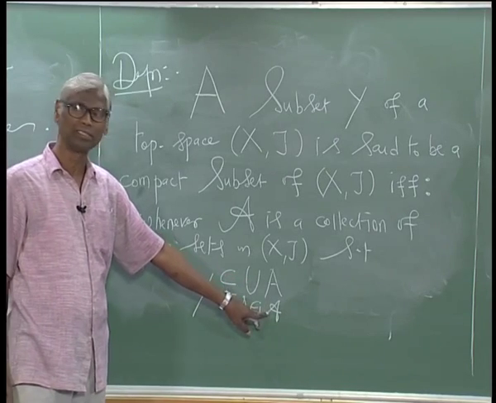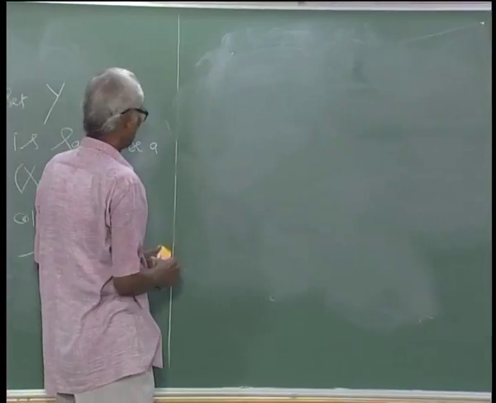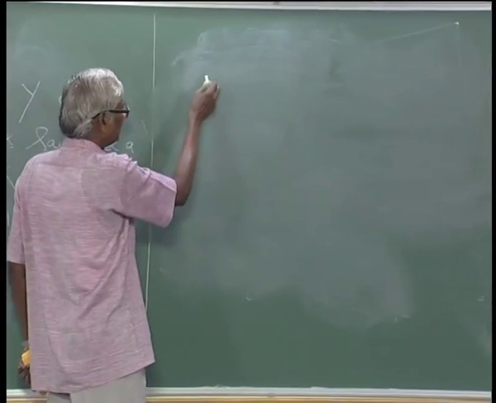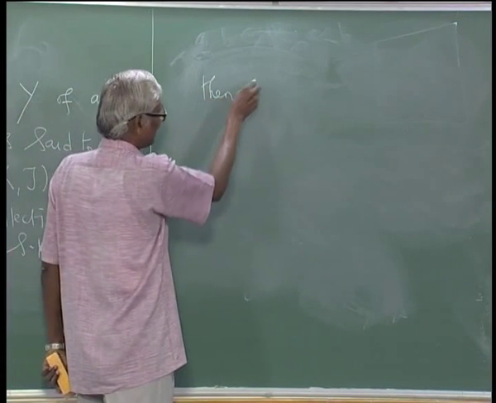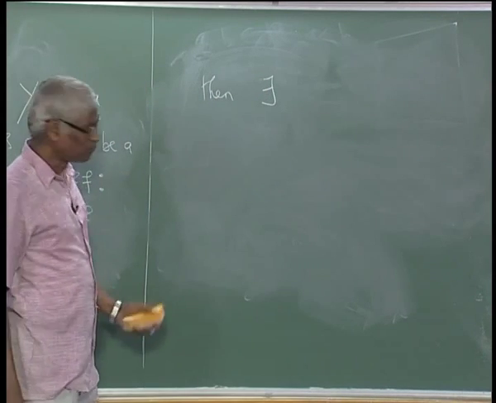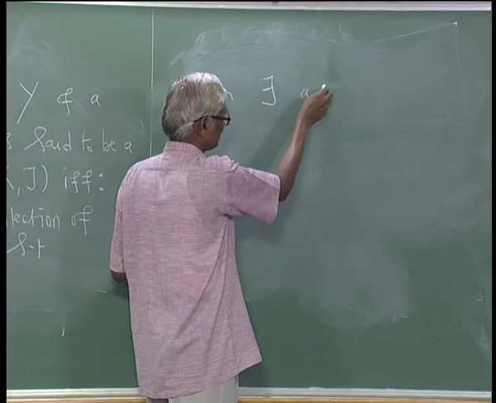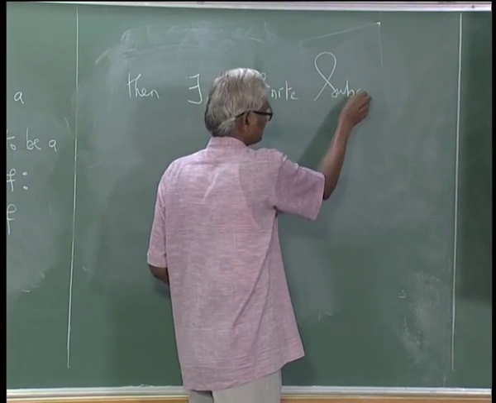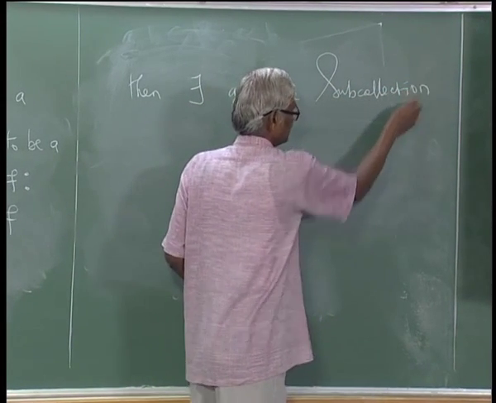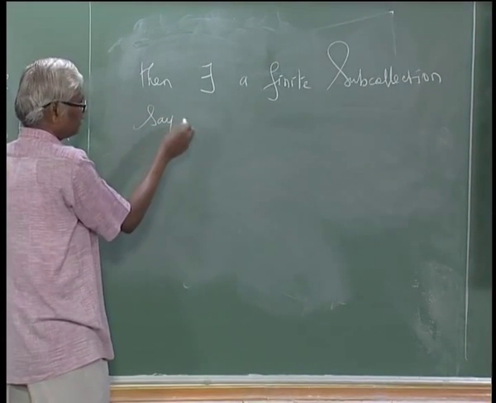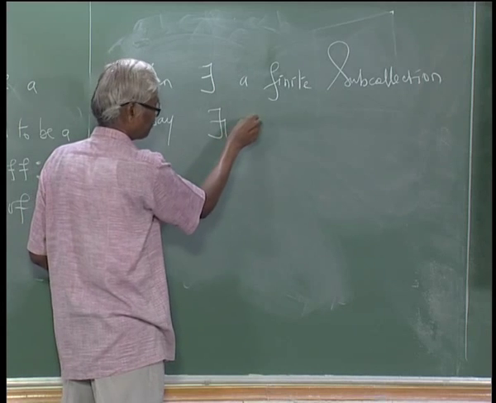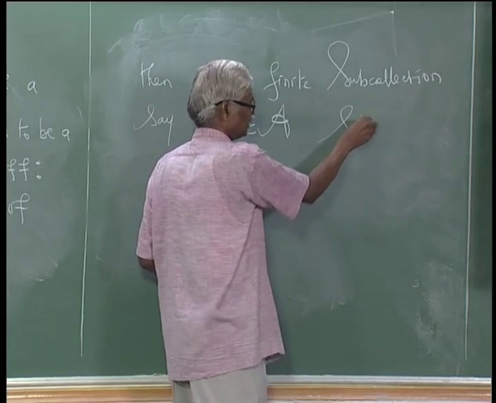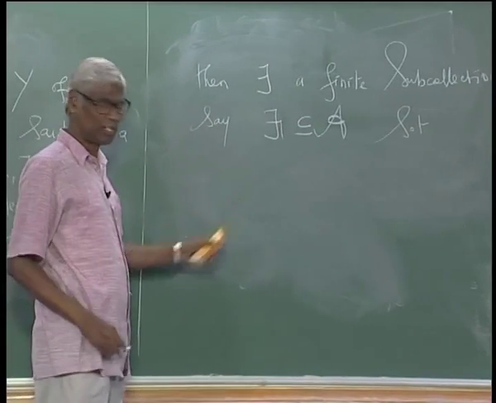This collection may be large. Whenever script A is a collection of open sets having this property, then there exists a finite subcollection, that means a finite subset, say script F, which is a finite subset of script A, such that this finite subcollection will do the same job.